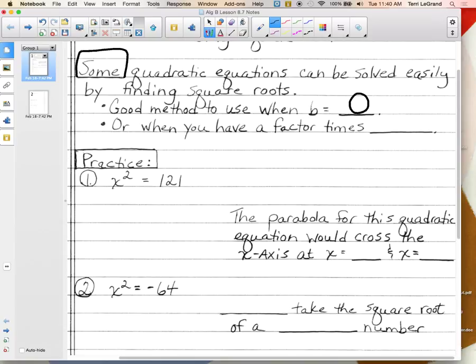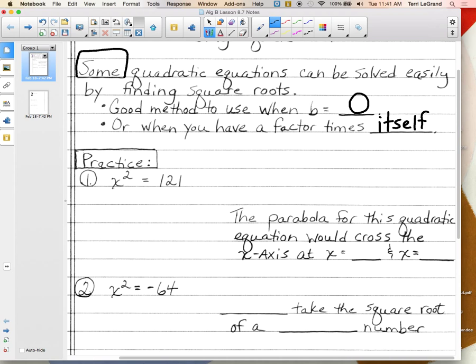Remember there was that other time when b equals 0, we found out that if we're solving by graphing, if b is 0, the vertex is always the what? Remember that? The y-intercept. So when b is equal to 0, this is going to be a good method to use. Or when you have a factor times itself. A factor times itself. And we've had that happen before too.